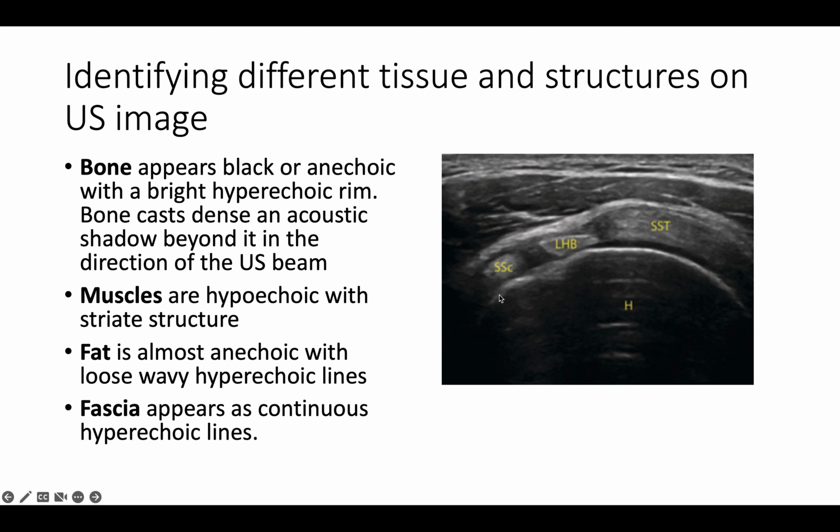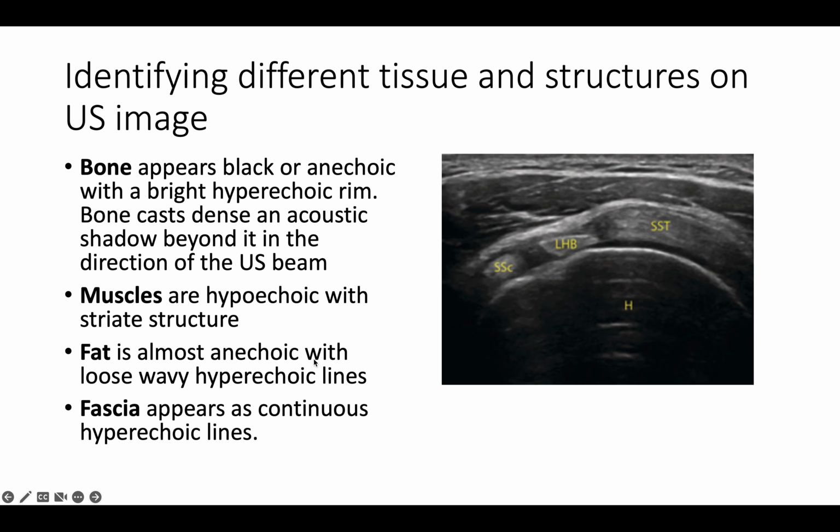And bone usually casts a nice and dense acoustic shadow, so you don't see anything below bone, as we'll show with some more examples. Muscle looks hypoechoic. This is a nice muscle right here, and it has this striation.